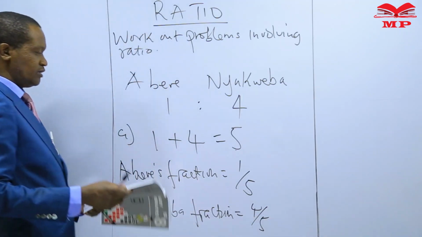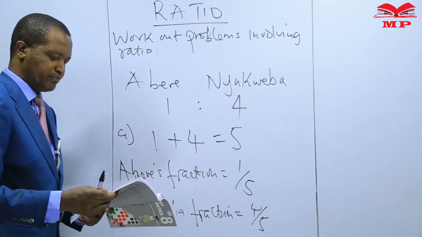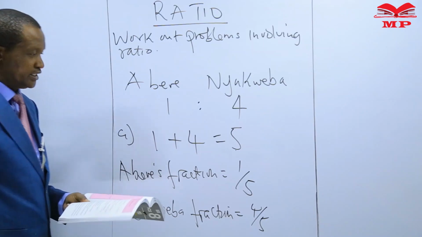So that is part A. What fraction of the money did each get?